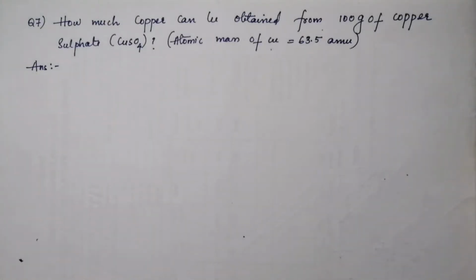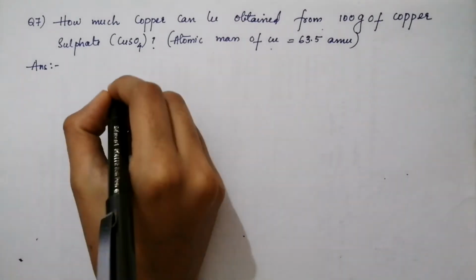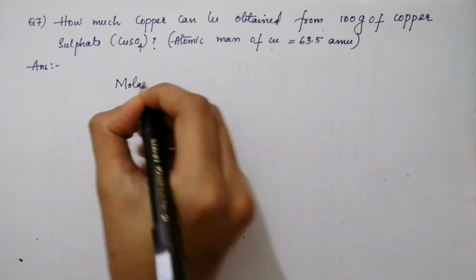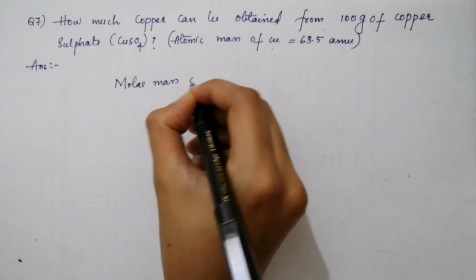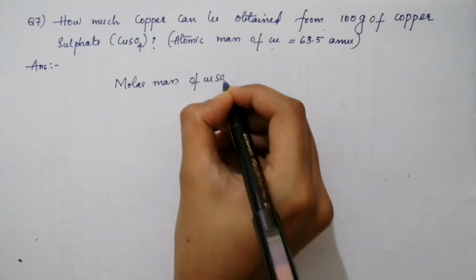Question number 7 says, how much copper can be obtained from 100 gram of copper sulfate, that is CuSO4. It is also given the atomic mass of copper as 63.5 atomic mass unit. So, first let us calculate the molar mass of copper sulfate.